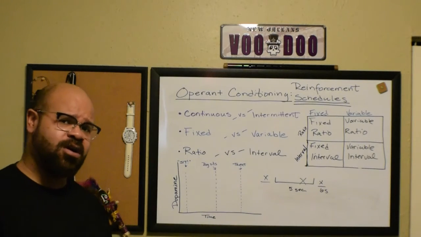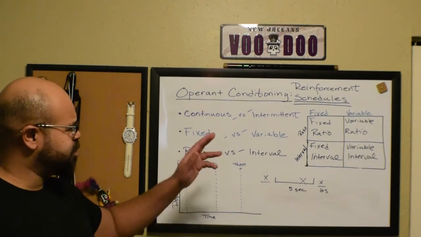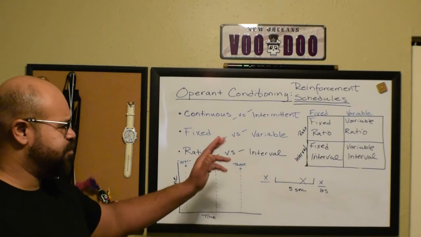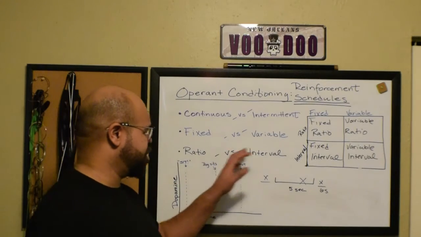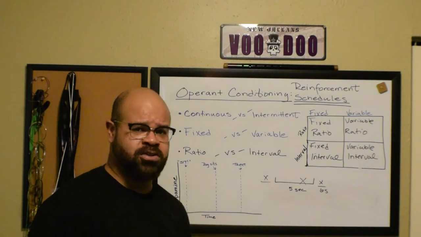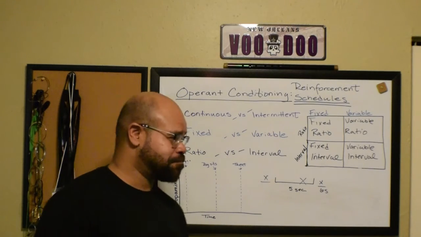Okay, so here are 4 reinforcement schedule types. Fixed ratio, variable ratio, fixed interval, and variable interval. Again, just using these 4 sets of words to think about what those 4 schedule types are.